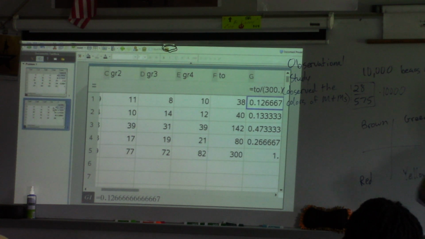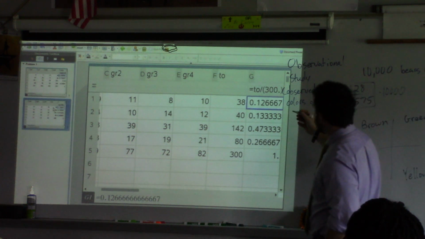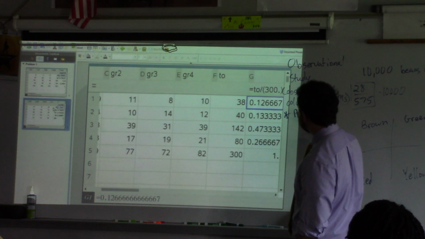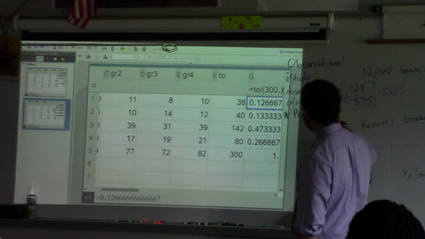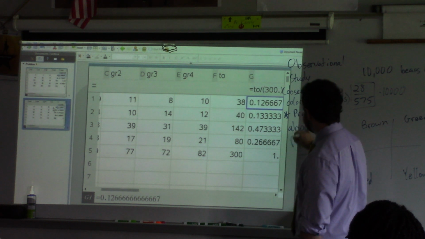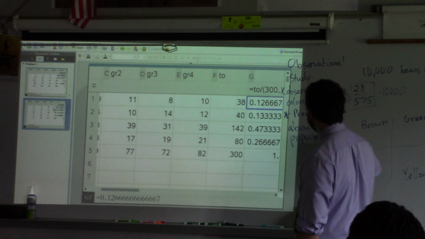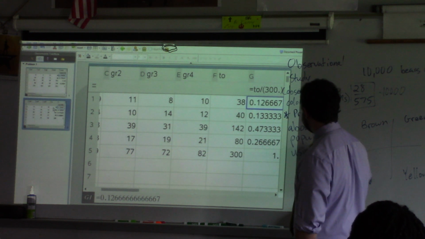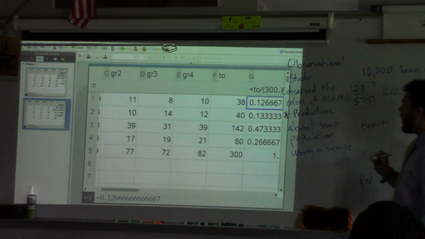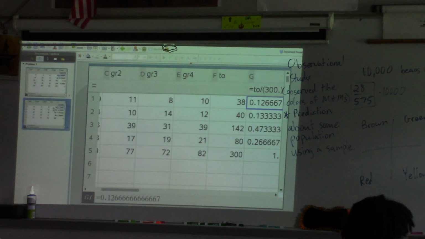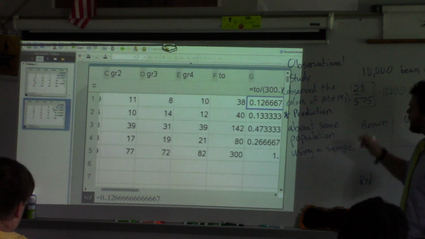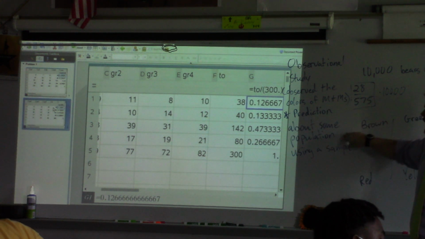So what we're trying to do is make a prediction about some population using a sample. This is the most important part to recognize about an observational study: the goal is to make a prediction about some population using a sample.